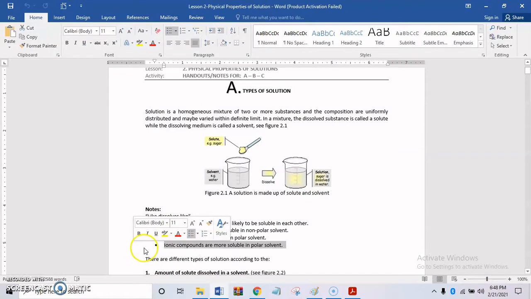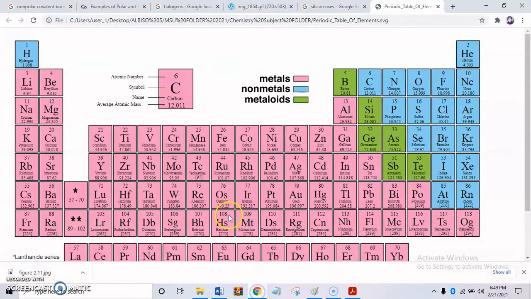Ionic compounds are usually most soluble in polar solvents. Because ionic compounds are usually the metals. Here: lithium, sodium, potassium, rubidium, beryllium, magnesium.